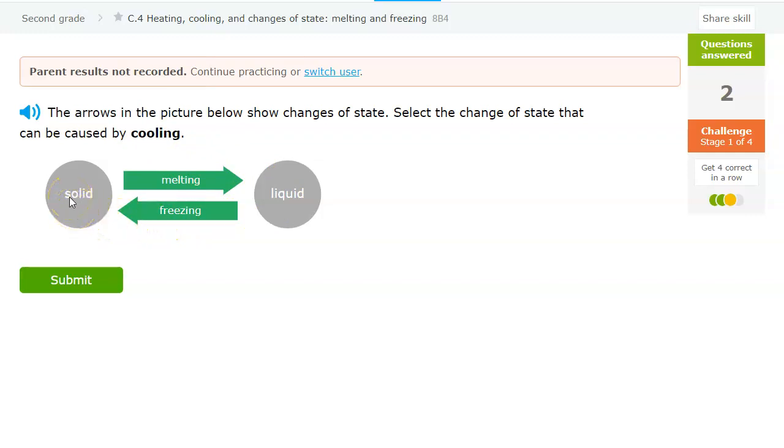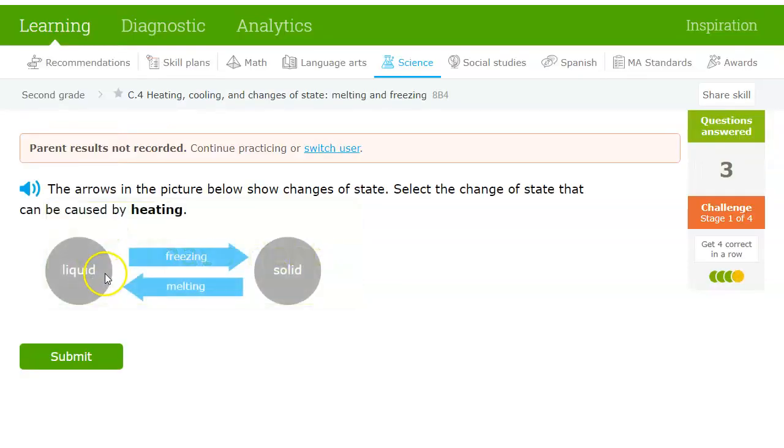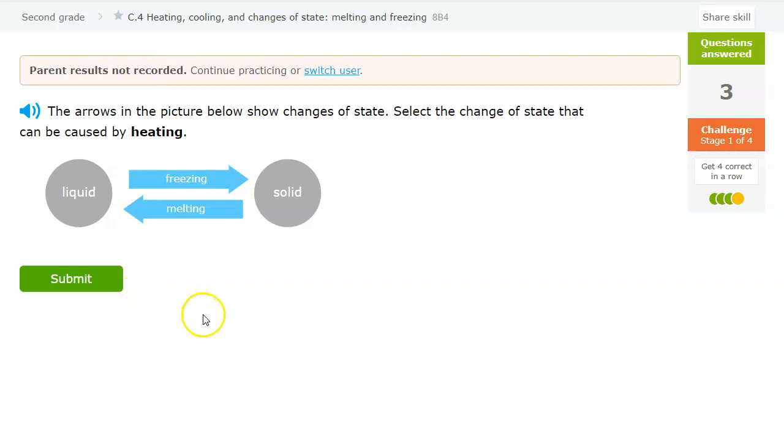Or do you take solid and cool it to get to liquid? I think we take liquid and we go to solid when we're cooling. We cool that liquid until it's ice, aka freezing. All right, so that was it. Let's move over to the next one.